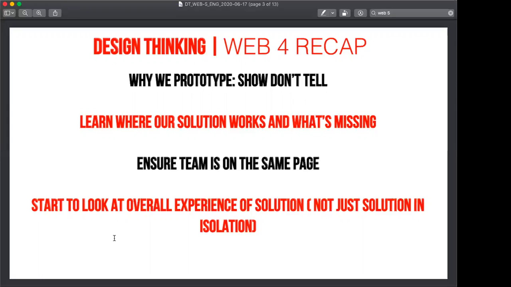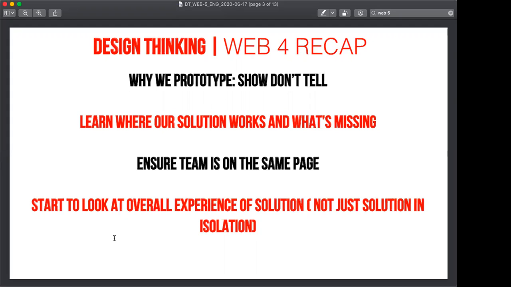Another valuable part of the prototype is that, especially when you're working with others, it's really helpful, and Paula and I experienced this in the development of this course, to ensure that your team is on the same page. If we put something physical down, I could be describing something and have a clear vision in my head, and Paula can be describing something and she has a clear vision, and we think we agree, but when we put it on paper, we see where maybe we had misunderstood or hadn't included something.